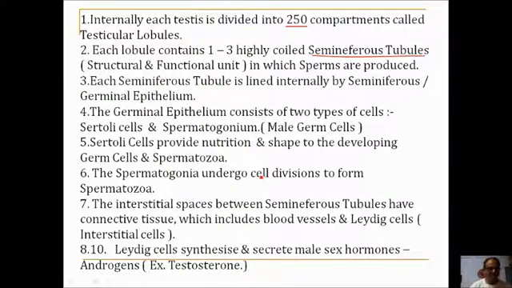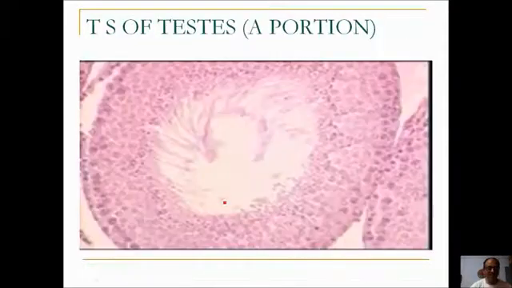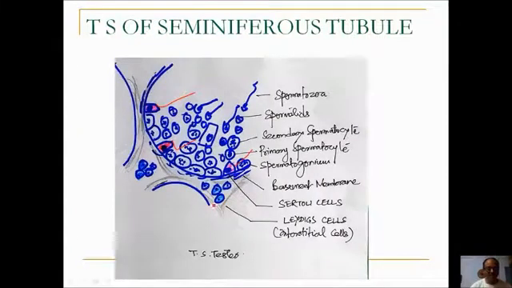Their role is to provide nutrition and shape to the developing germ cells and spermatozoa. The other cells, the spermatogonia, are involved in the formation of sperms; they divide and undergo cell division to form spermatozoa.